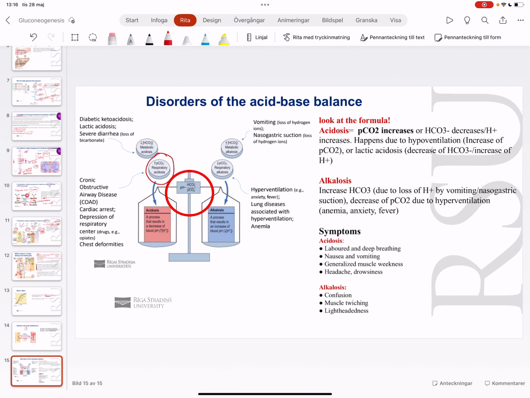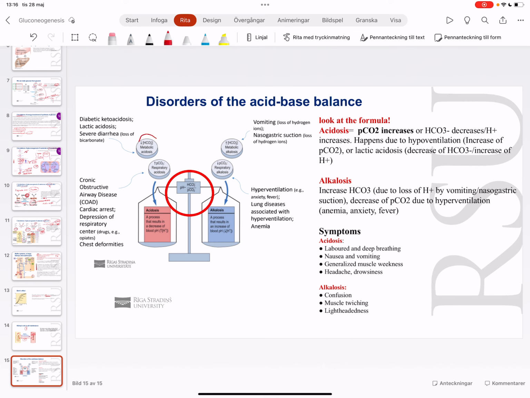So that is what acidosis is. Similarly, if carbonic acid decreases, then this will also lead to lower pH.